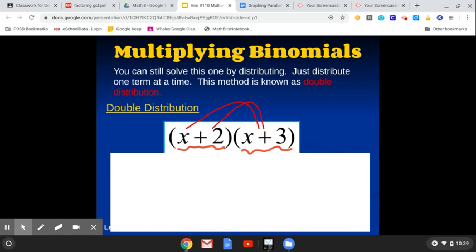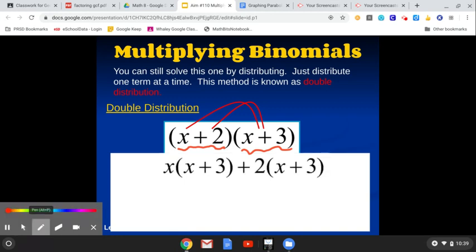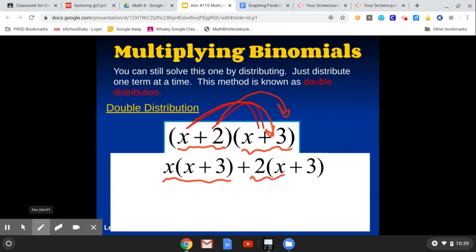So the reality is when I write the next step, it's going to look a little something like that. There's my x getting distributed to x plus 3. Okay, then here's my 2 getting distributed to x plus 3. Both of those terms are going to get distributed to the second polynomial.